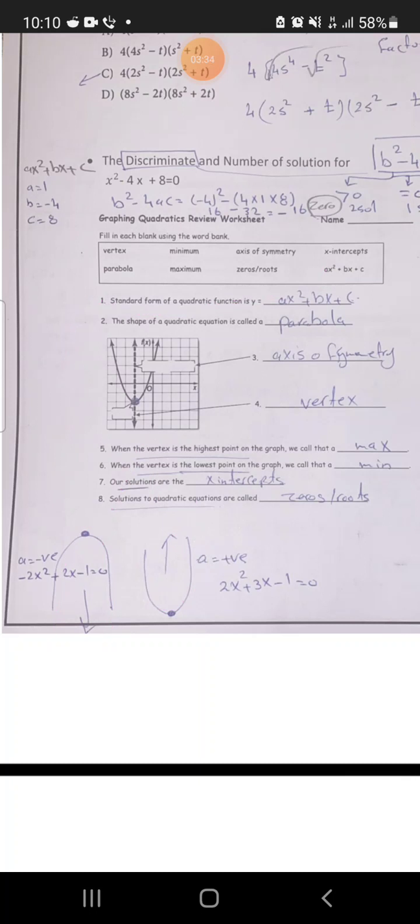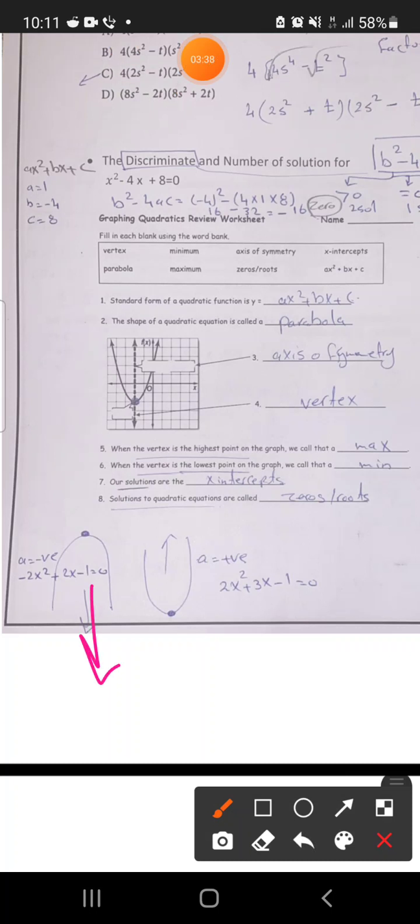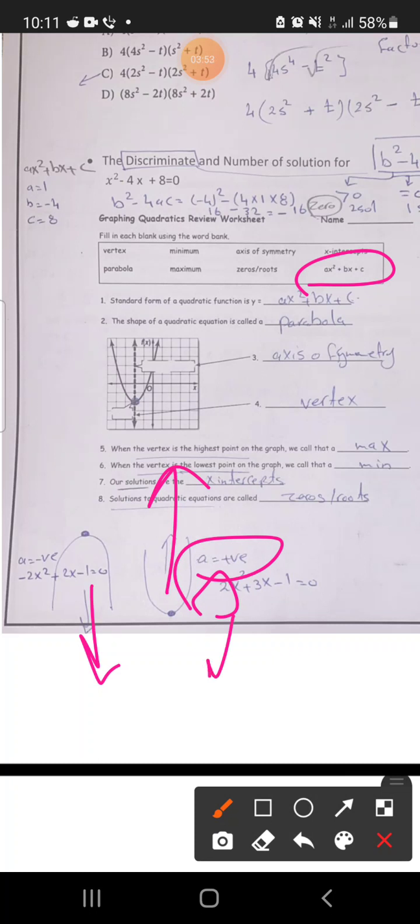Okay. The difference is that here a is negative. If it goes down, a is negative, like negative 2x squared, and if it goes up, a is positive. So you have here a, which is the coefficient of x squared, 2.